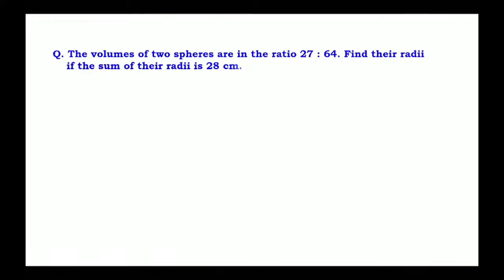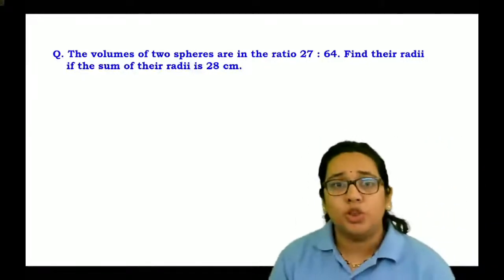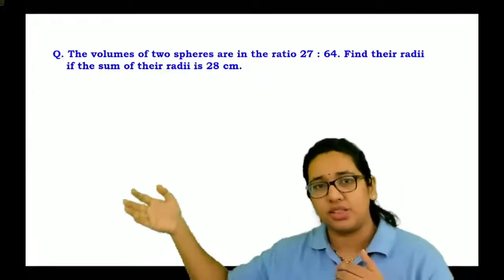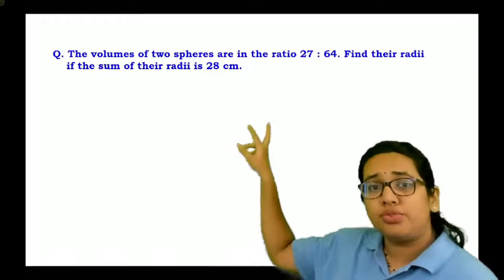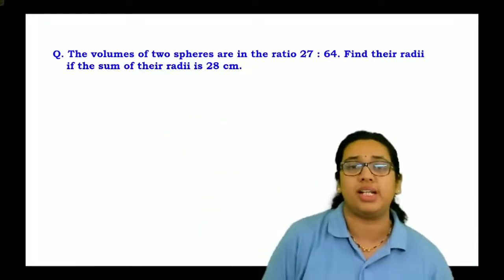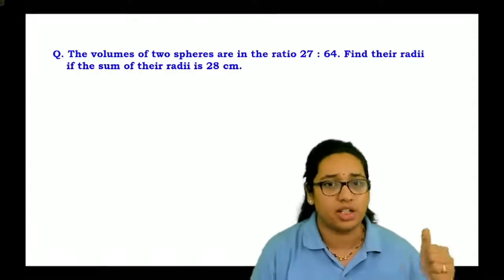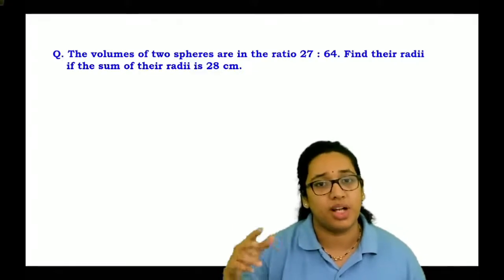So in this question, the volumes of two spheres are in the ratio 27 as to 64. मतलब directly आपको volume का ratio दिया है. Then find the radii if the sum of the radii is 28 centimeter. That is V1 upon V2 का value आपके पास है and you have the value of R1 plus R2.